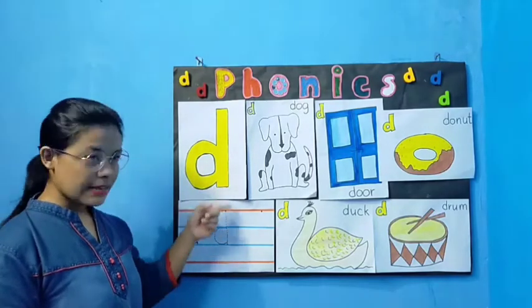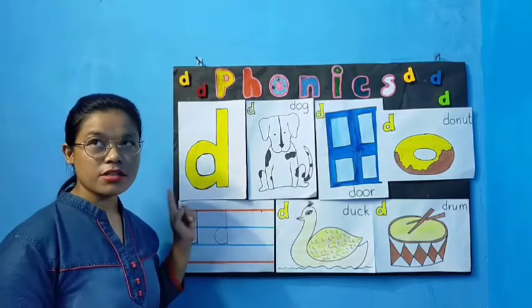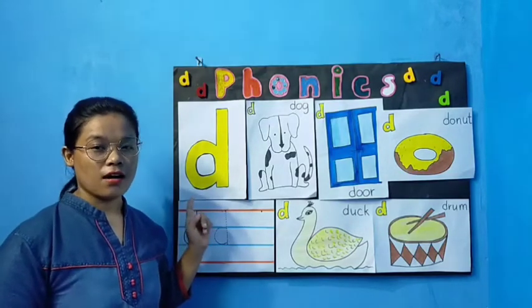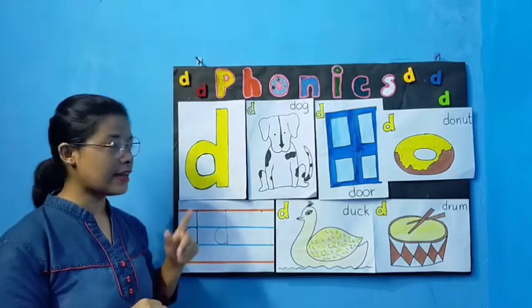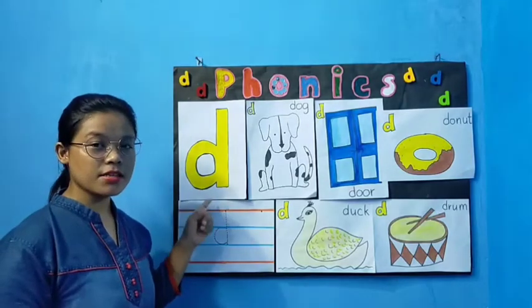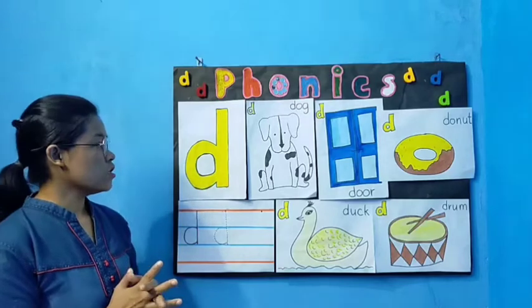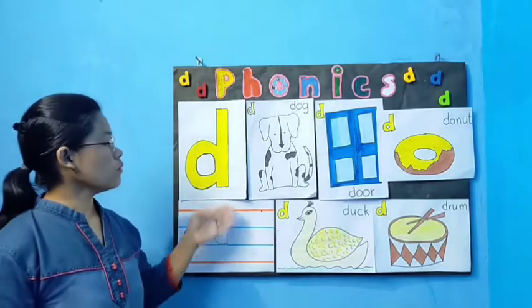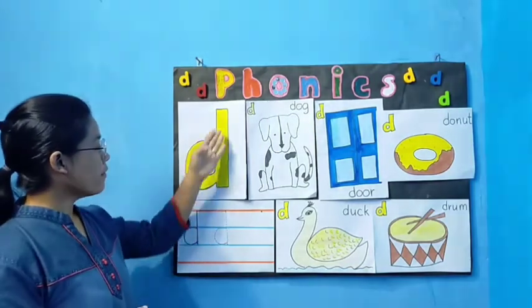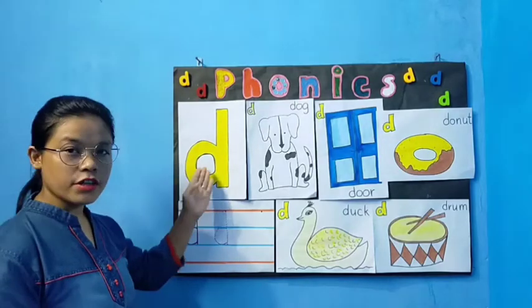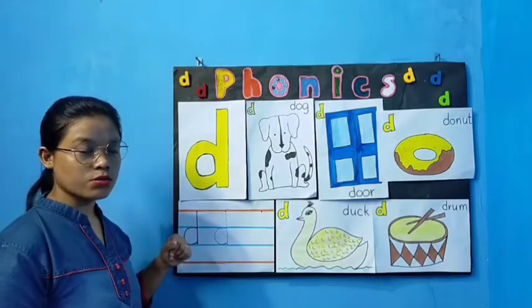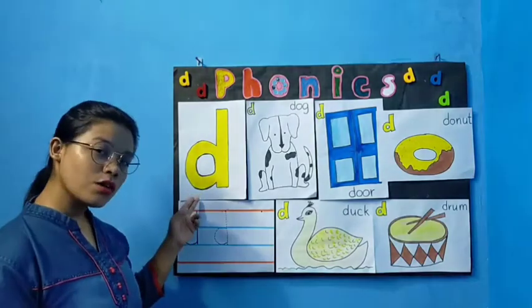Okay. The letter is D, but the sound is da. Okay. So, as you can see, here we have the da sound, okay? Which sound?